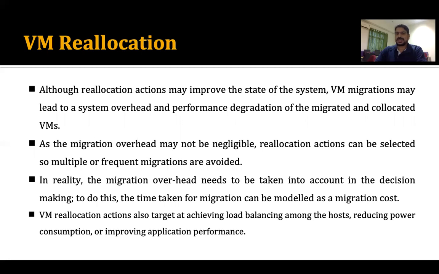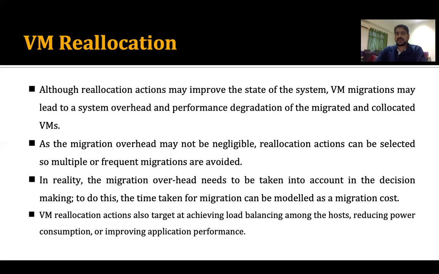So what it is saying is that migration, although it is improving the system performance, let's say if I require that additional 4 GB and I am shifting my virtual machine to a physical machine which can fulfill my requirement, but the process of migrating from one virtual machine to another is an overhead, right?